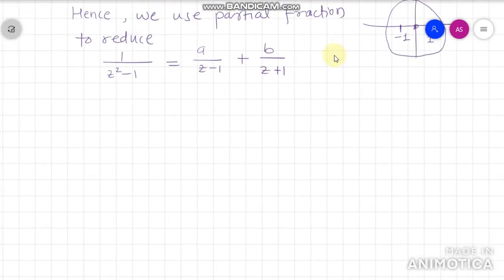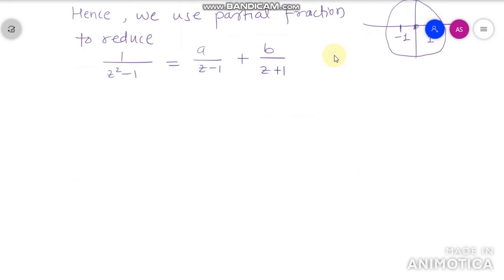So I am going to write this. Now see what happened. So this is equal to a into z plus 1 plus b into z minus 1, divided by z minus 1 into z plus 1.